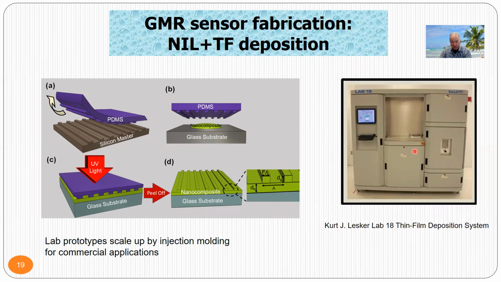And these prototypes can be scaled up, or are actually scaled up, by injection molding and using commercial vendors to deposit either silicon nitride or titanium dioxide films for us.